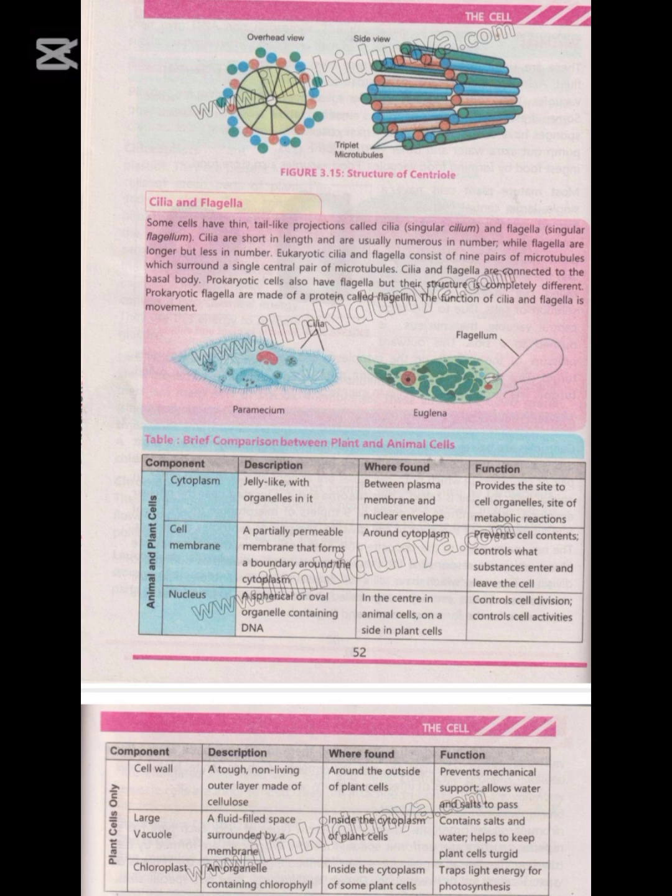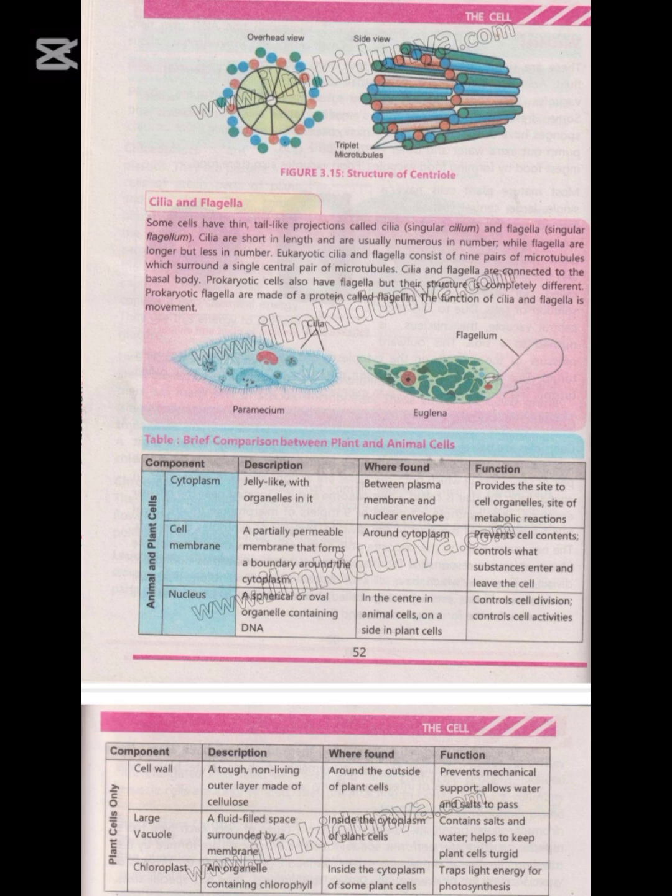Both cilia and flagella are thin tail-like projections that are present on the cell membrane. Cilia are short in length and there is a numerous number of cilia present on the cell, while flagella are longer than cilia, and there are not a lot of flagella present on the cell.